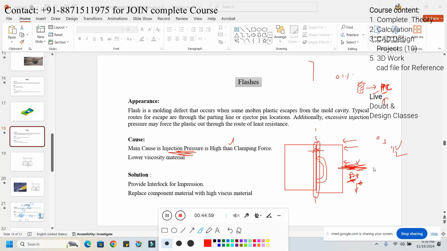This is one of the reasons, right or wrong? That's why I have told you that with PP you should use a few percentage of GF material. If you increase this, it will become a high viscous material, and that's why it will not produce flashes. Understood?